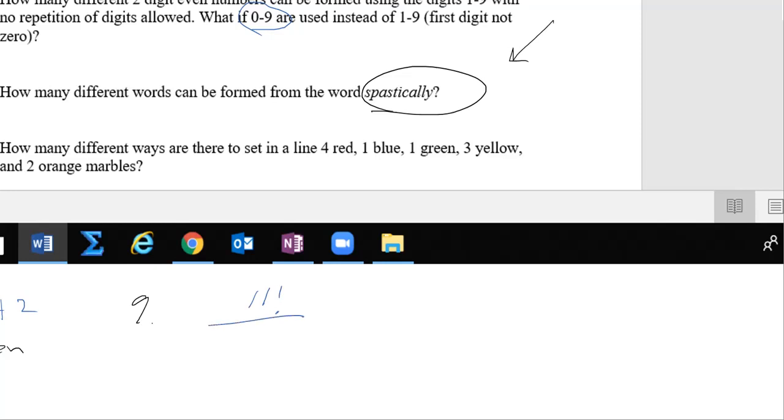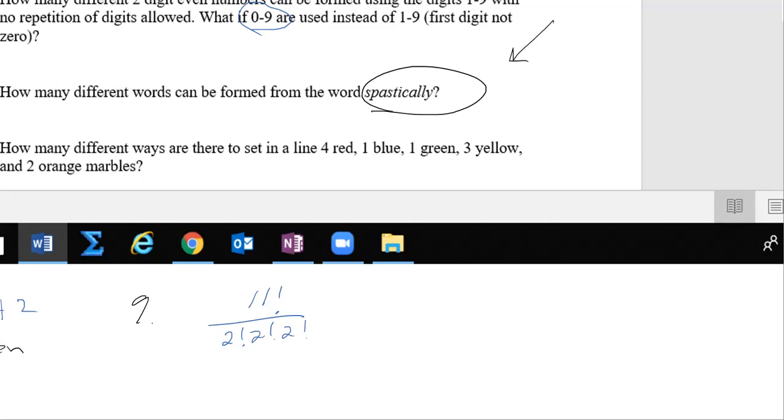You have to divide out any repeats. There are 2 A's. Are there any L's? 2 L's. I almost forgot the S's. There are 2 S's there. Okay, and I think that is it.